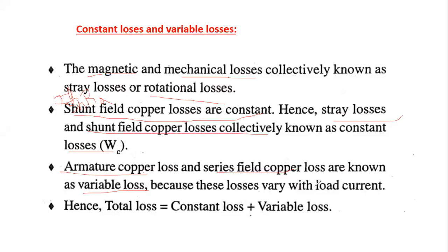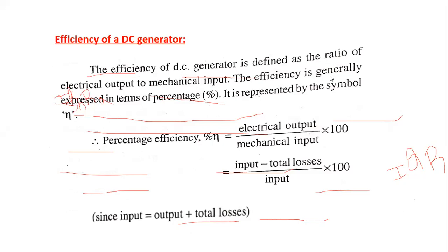These losses vary with the load current because they are proportional to I square R. Therefore, total losses means constant losses plus variable losses. These are the various constant, variable and total losses.